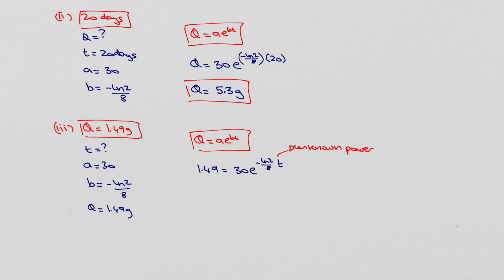And when we have an unknown power, that means we're going to need to get log of both sides. But I cannot get log of both sides until I have isolated the e on its own. So that means I need to get rid of that 30 in front of the e. So by dividing both sides by 30, I now have e on its own, which now means that I can get log of both sides.